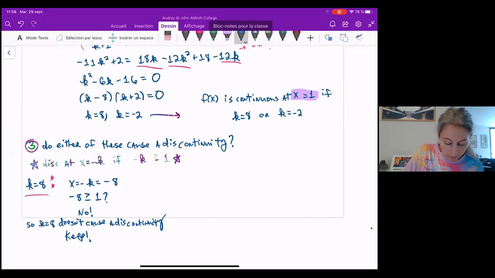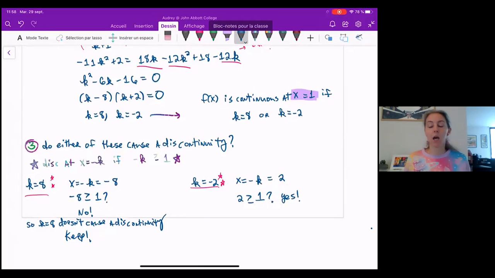Then we're going to look at k equals negative 2. So this was our other k value that we got. And so x equals negative k would give me a positive 2. Is 2 greater than or equal to 1? Yes.